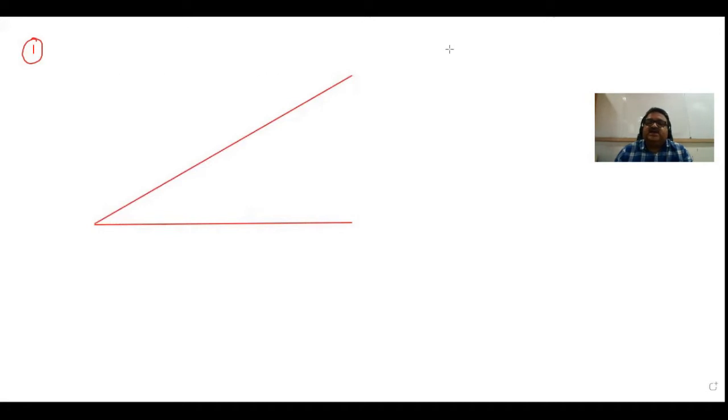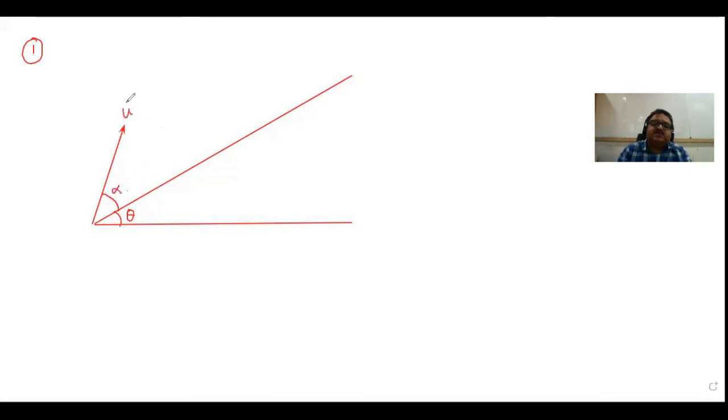So basically, say for example, this is an inclined plane of inclination theta. Someone is projecting a body from the base of the incline, making some angle with the incline. Let me write this angle as alpha.